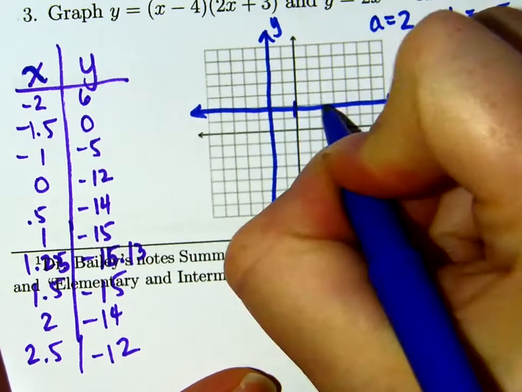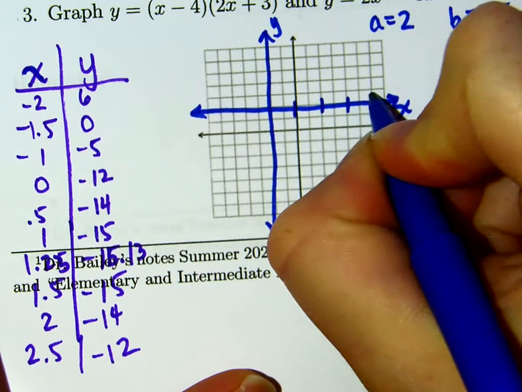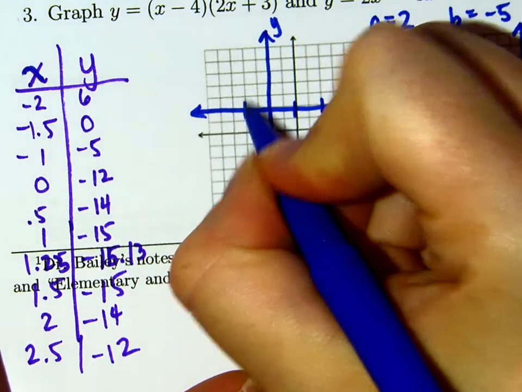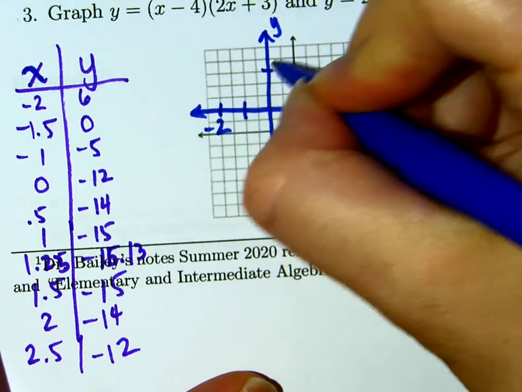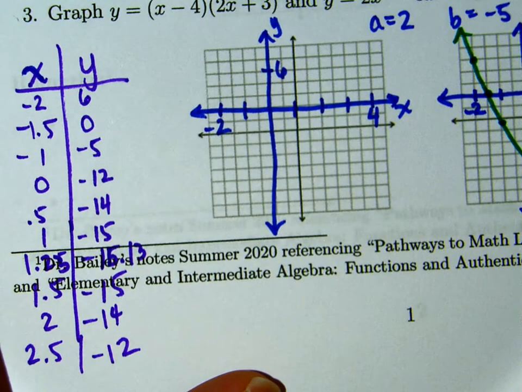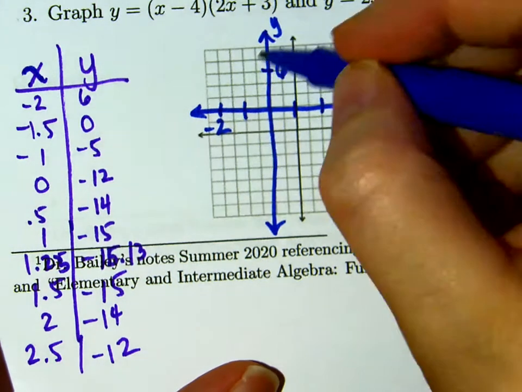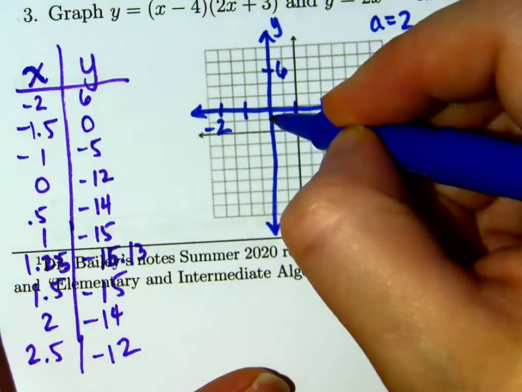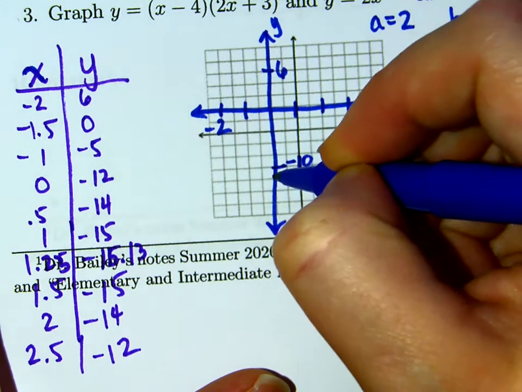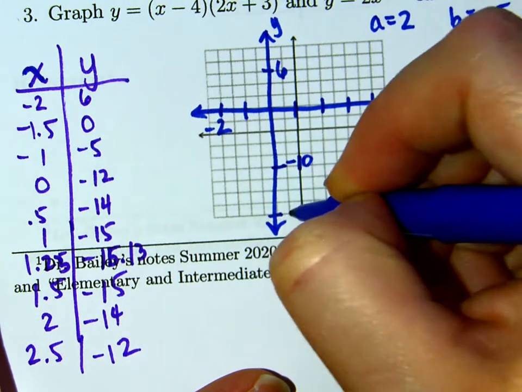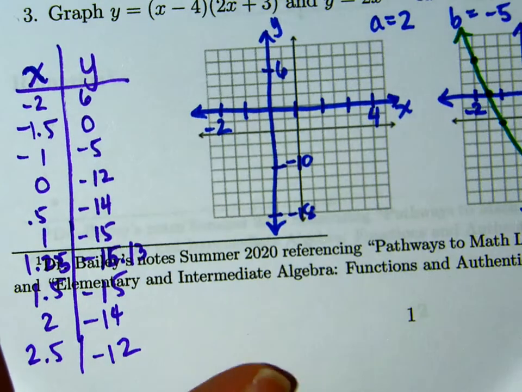So I go 1, 2, 3, 4, and 1 to the left, 2 to the left. Got it. And 2, 4, 6, that's 6 above. And that's 8 right above it. And 2, 4, 6, 8, 10 below. 2, 4, 6, 8, so that's 18 below. Got it.